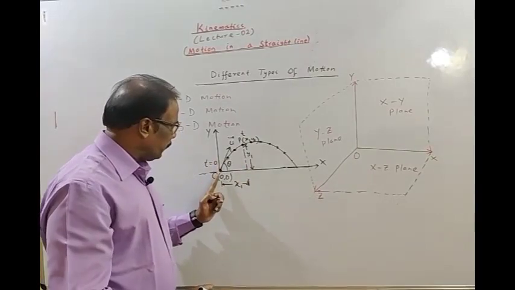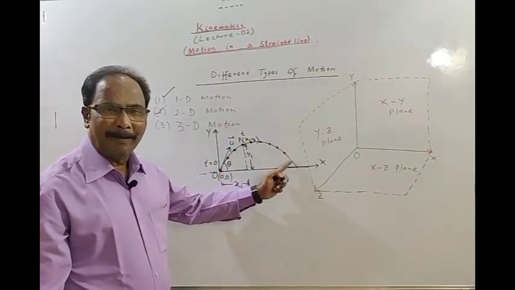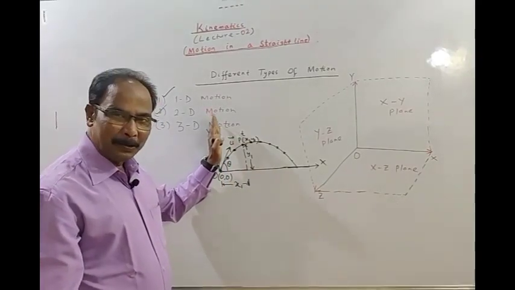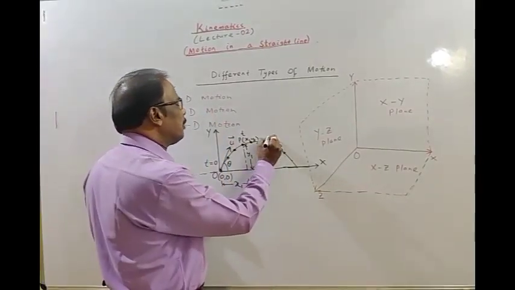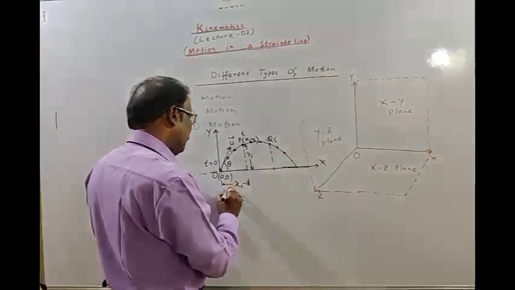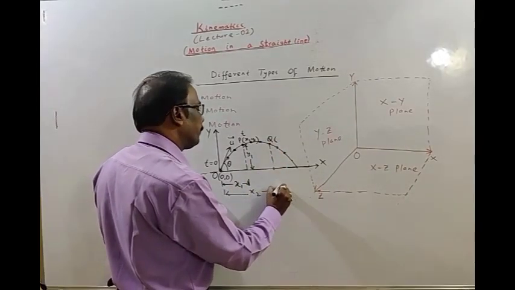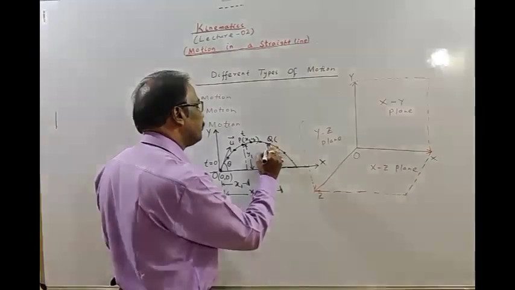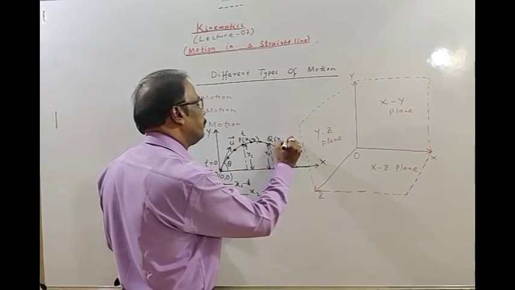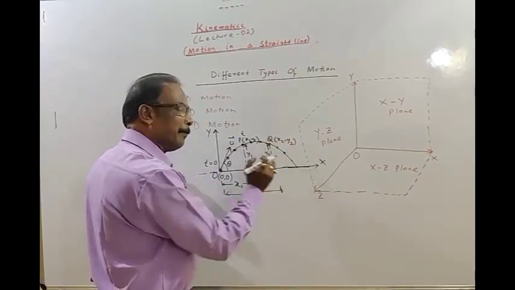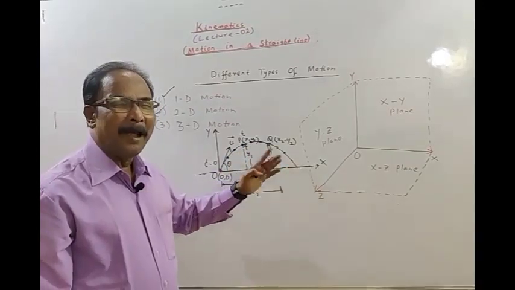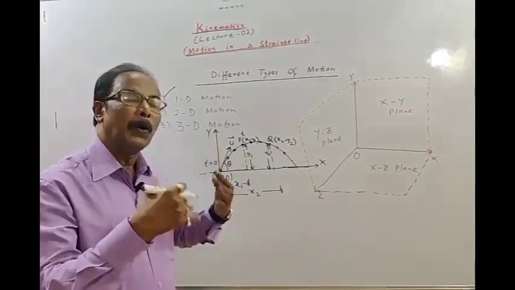When the body moves on a plane, the value of x changes and the value of y also changes. If this is another point Q, let this distance be x2 and this height be y2, so the coordinates are x2, y2, and so on. As the body moves on, the values of x and y go on changing.